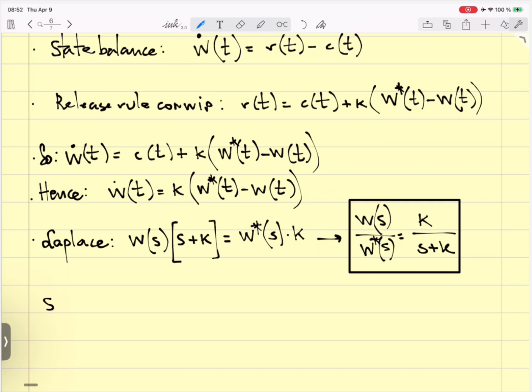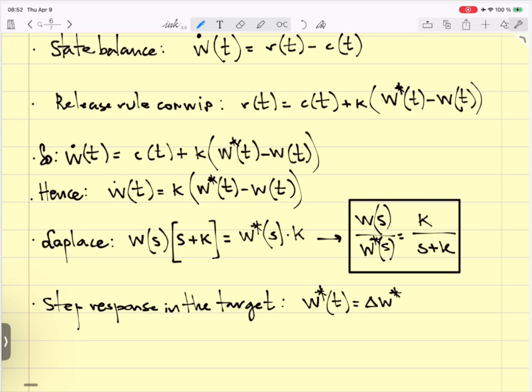So for step response in the target, it's the same math as above.